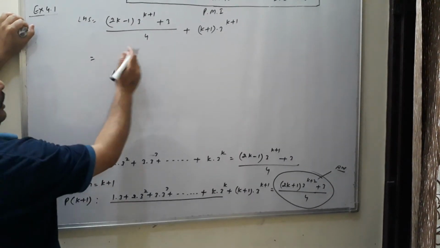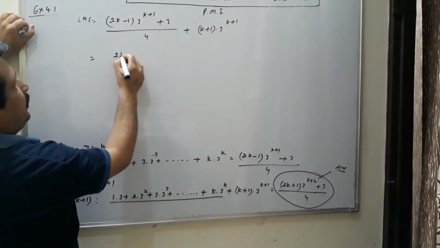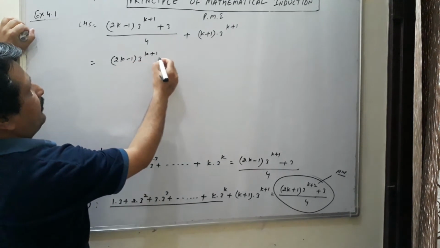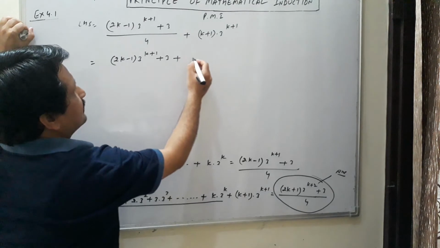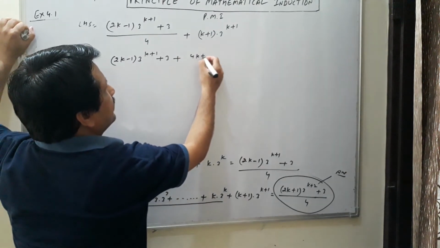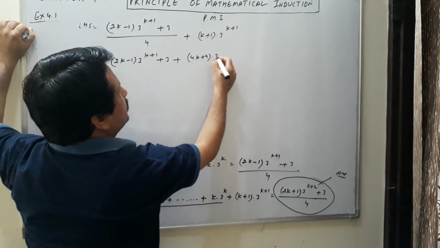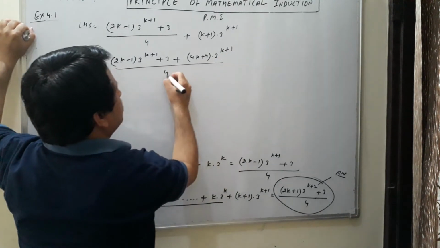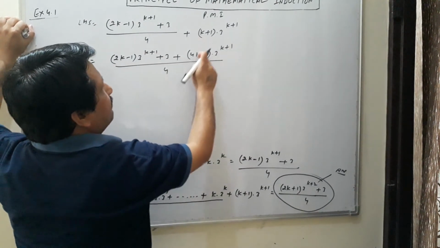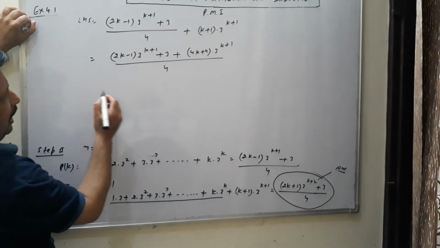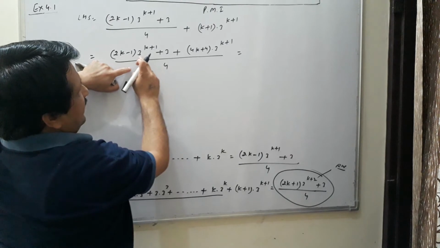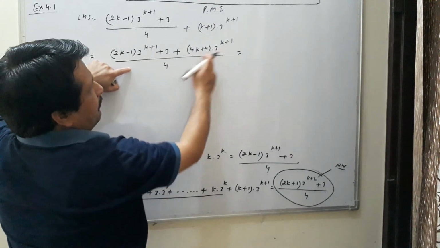So let us take its LCM, (2k minus 1) 3 its power is k plus 1 plus 3 plus (4k plus 4) into 3 its power is k plus 1. I have taken its LCM here, students. 4 is the LCM, 4 I have multiplied here. Now after that, 3 its power is k plus 1 is common in both.